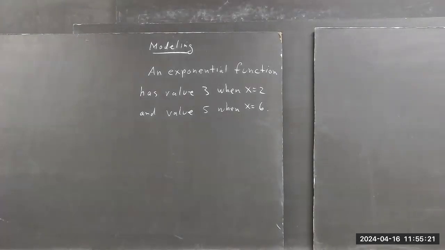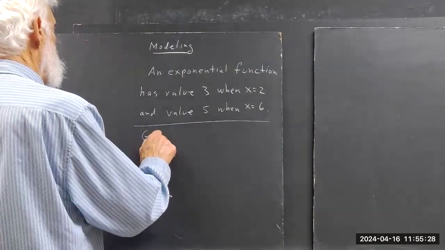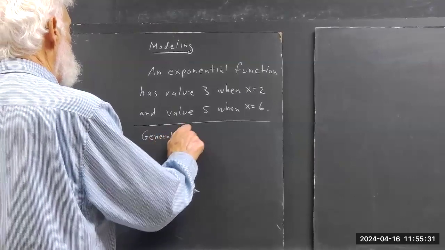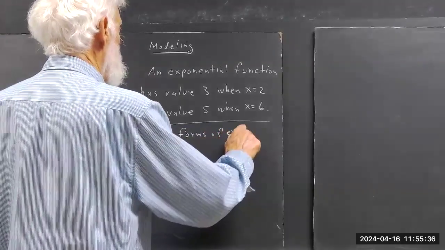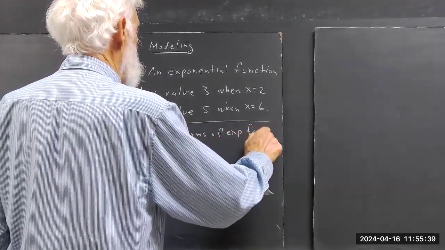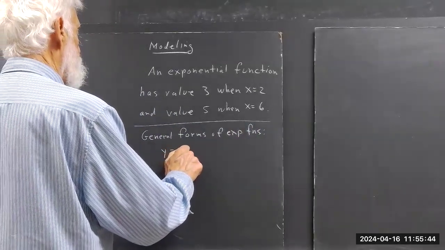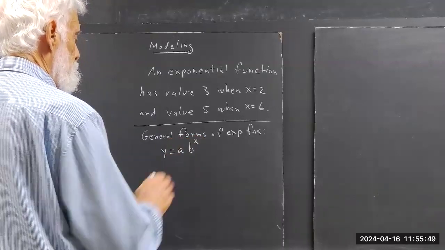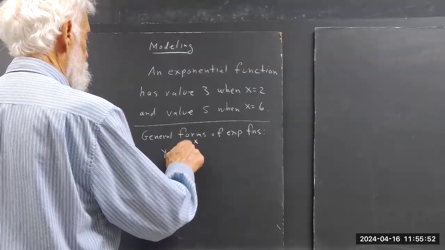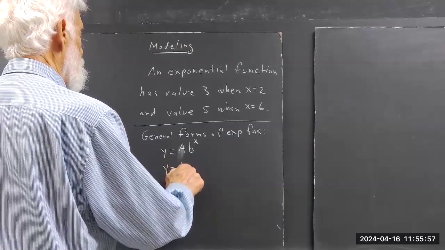Now, what's the form of an exponential function? y equals a times b to the x. I'll use the capital A. Or y equals a times 2 to the kx.